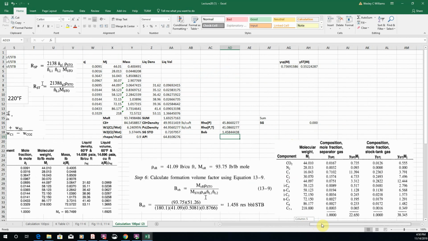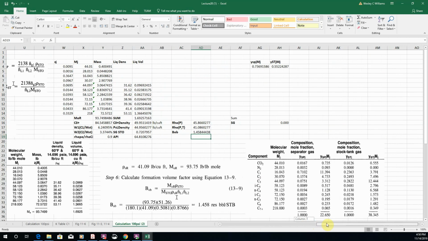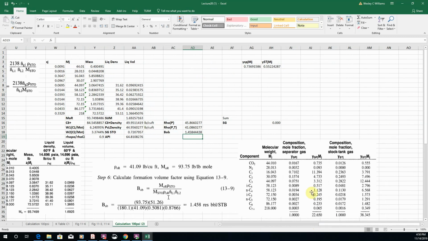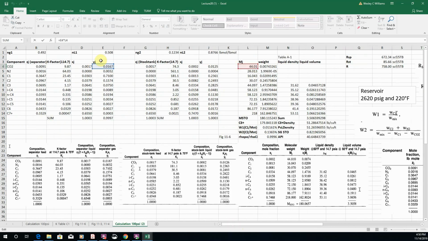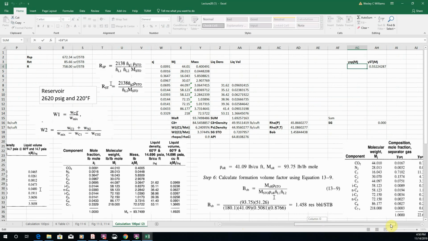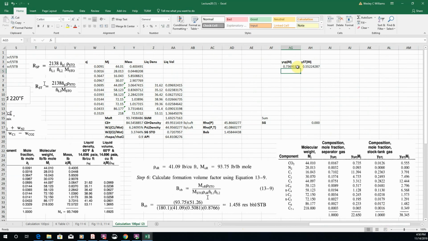There are only 2 more questions left, and that is the specific gravity of the gases. That's quite easy to do. Here are the separator gas values. Separator gas times its molecular weight gives this value. We can copy it down. This is the stock tank gas.